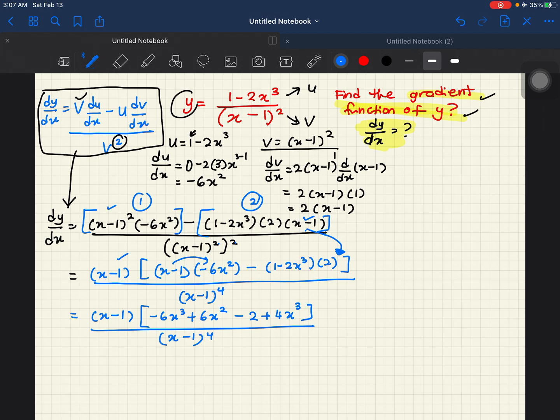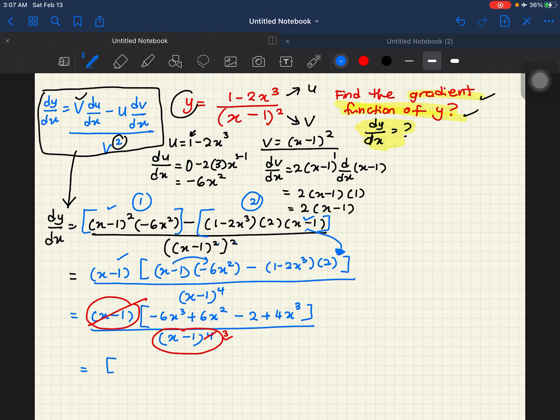Now, if you can see here, this is x minus 1 and this is x minus 1 as well. Tapi yang ini dia ada x minus 1 power of 4. Can we simplify this? Yes. So, dia akan jadi power of 3. So, sambung. Yang ke atas x minus 1 dah tak ada. That's why you have to factorize it.